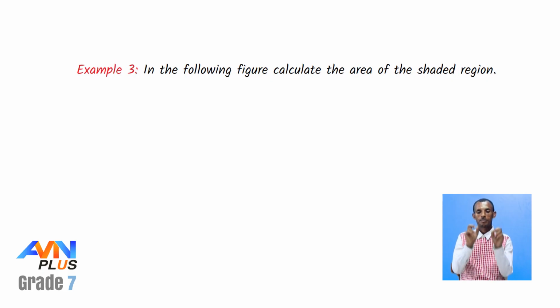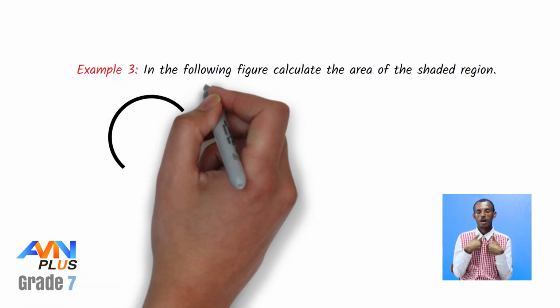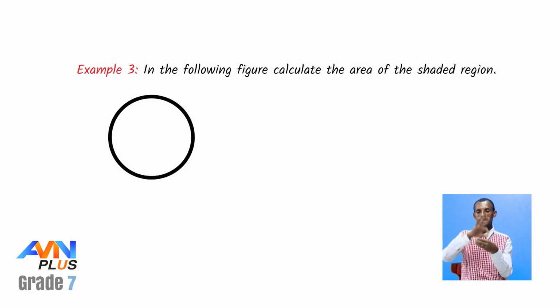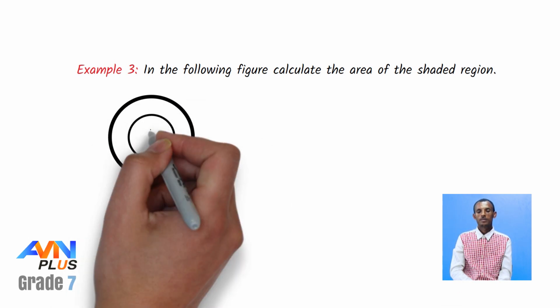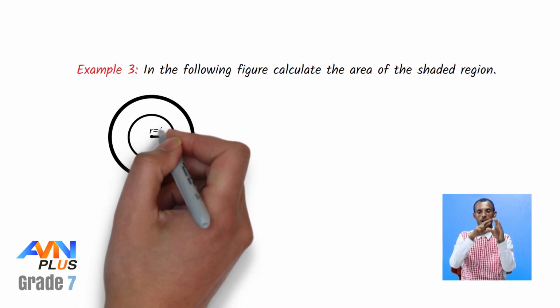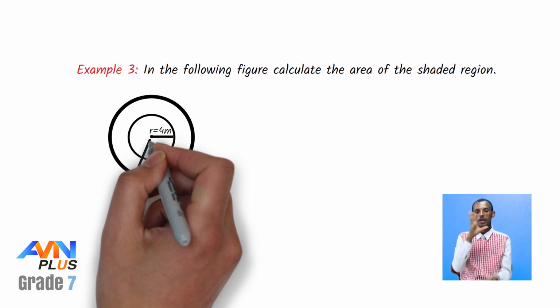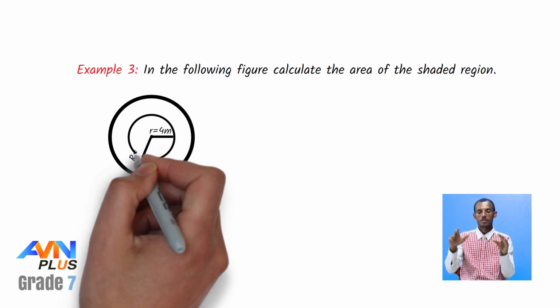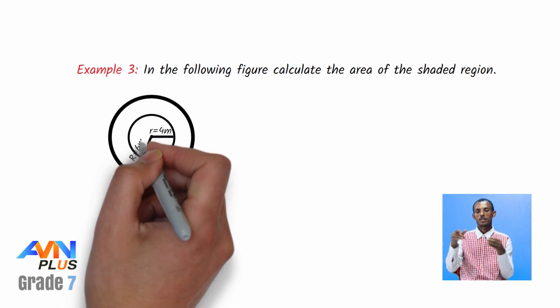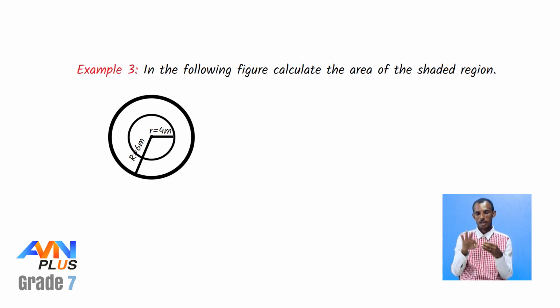Okay, here you have two circles. The radius of the smaller circle is 4 meter, and the radius of the bigger circle, let's use a capital R, is 6 meter.